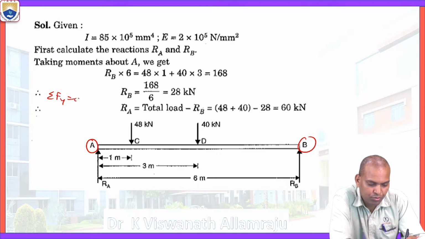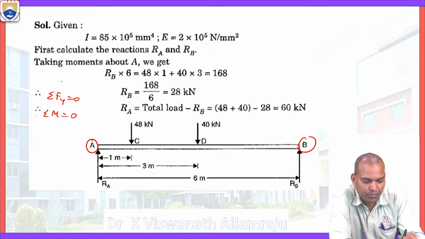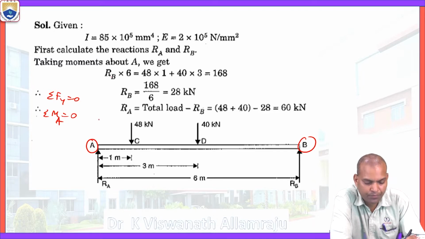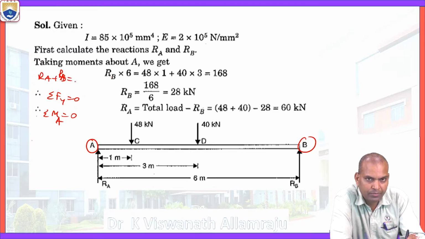Sigma Fy equal to 0 and sigma M equal to 0. By considering these two equations, taking moments about A equal to 0, we get the sum of reactions Ra plus Rb equal to 48 plus 40, that is 88 kilonewtons.